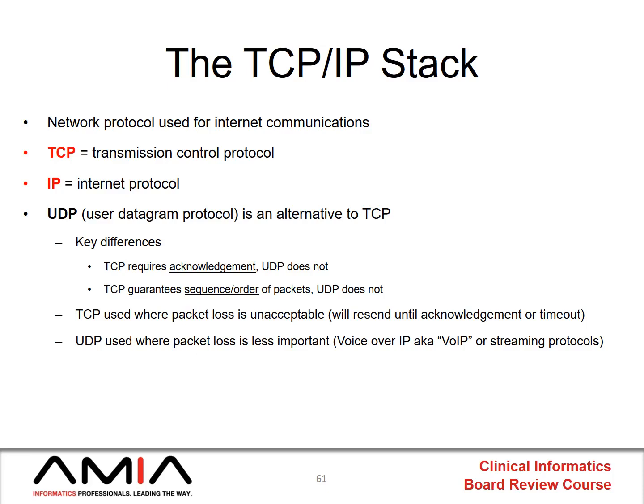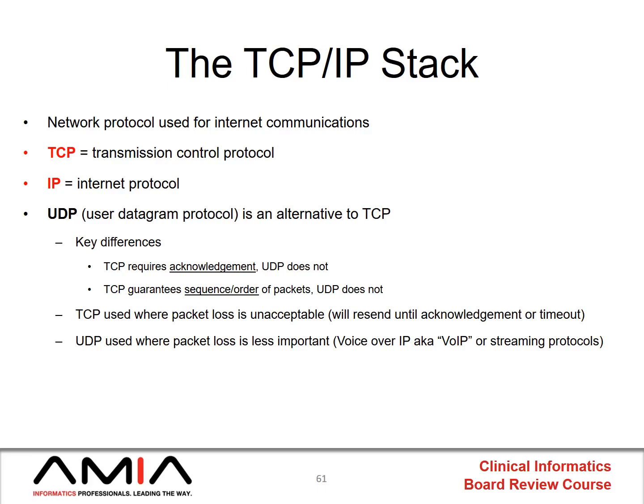There's another alternative protocol to TCP called UDP, which you need to know about, which stands for User Datagram Protocol. And the key differences between TCP/IP and UDP is that TCP requires an acknowledgement, but UDP does not. TCP guarantees the sequence and the order of packets, and UDP does not.